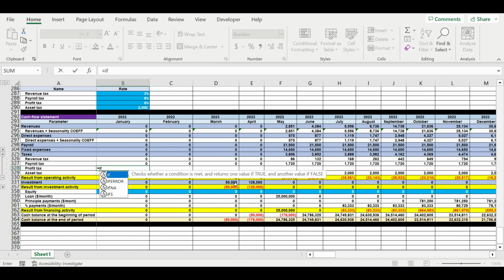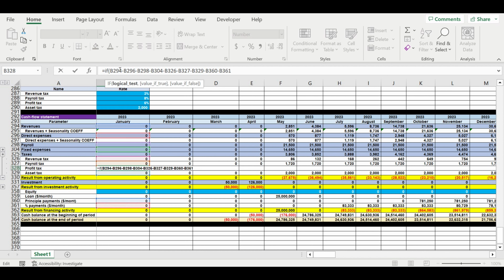So if revenues minus direct expenses minus payroll minus fixed costs minus revenue tax minus payroll tax minus asset tax minus principal payment minus interest payments is more than 0, then this will be the tax base, and we will multiply it by the tax rate.